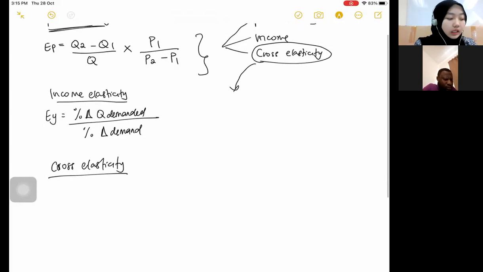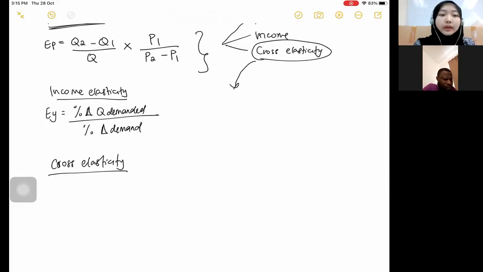So this is the thing that I mentioned. If the price of one thing increases, it will affect the other thing. So you will look at the cross quantity of the demanded product.